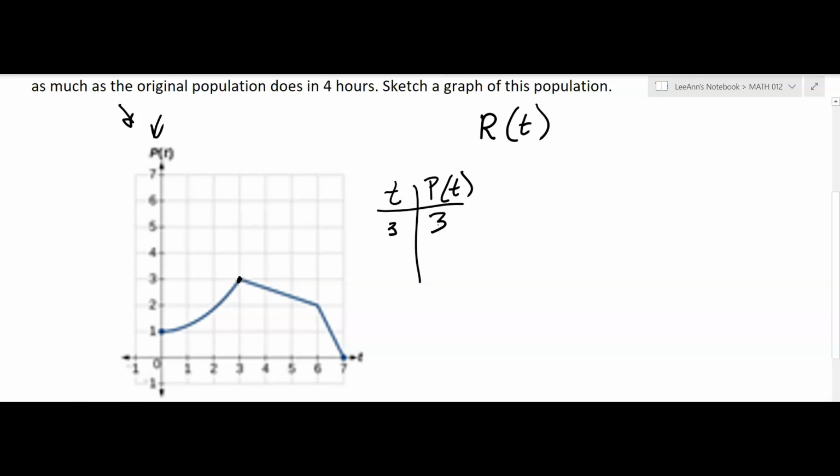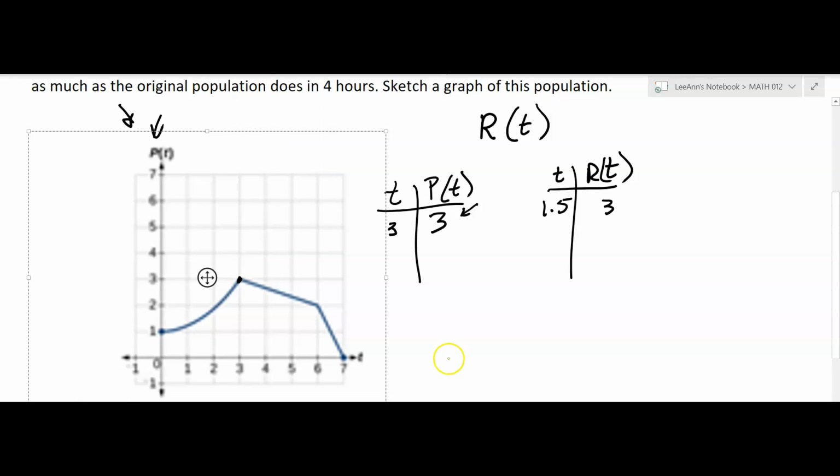So what's happening over here on my other chart, for my new function r of t? Well, if I want an output of 3, then what happens is I'm cutting the time in half. So it's going to be 1.5, okay? So my new point is going to be (1.5, 3).